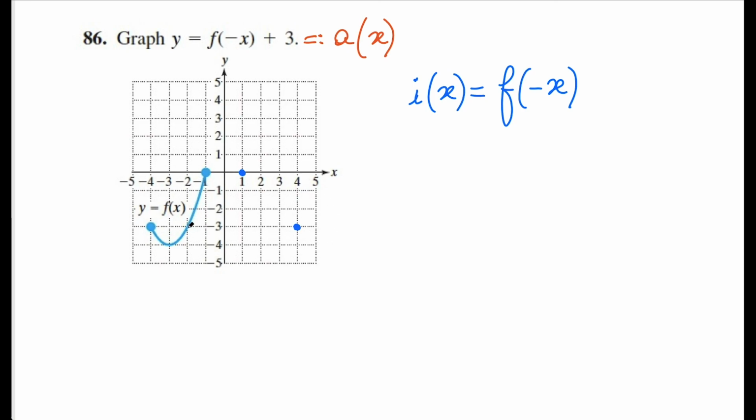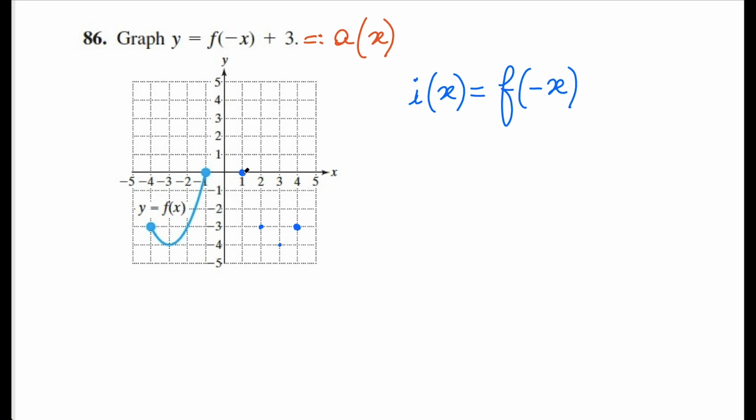So how about this point? What's that point over here? This has coordinates negative 2, negative 3, so you're going to go to 2, negative 3. So the point is here. That point has a reflection here. That point is negative 3, negative 4, so 3, negative 4 is that point.